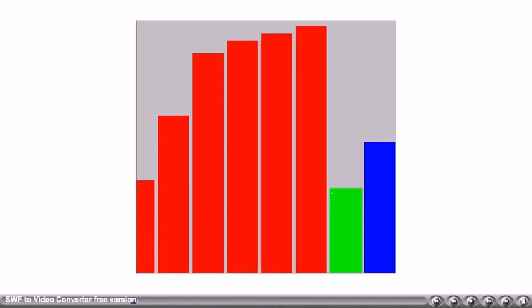Now we consider the seventh element of the array and try to find out where it will fit in the sorted array.